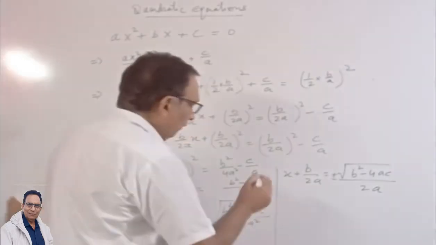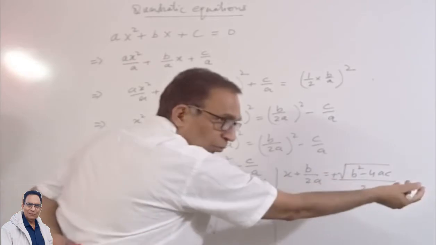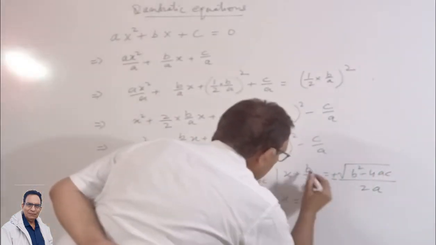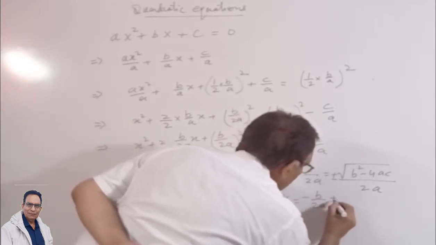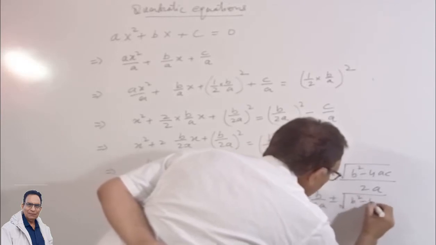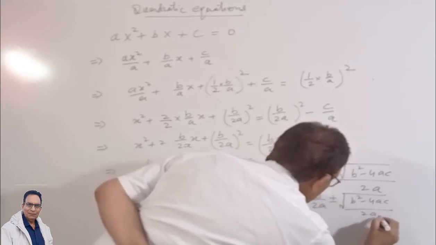So, going further, I take b over 2a to the right side, and then x is equal to minus b over 2a plus minus square root of b square minus 4ac divided by 2a.